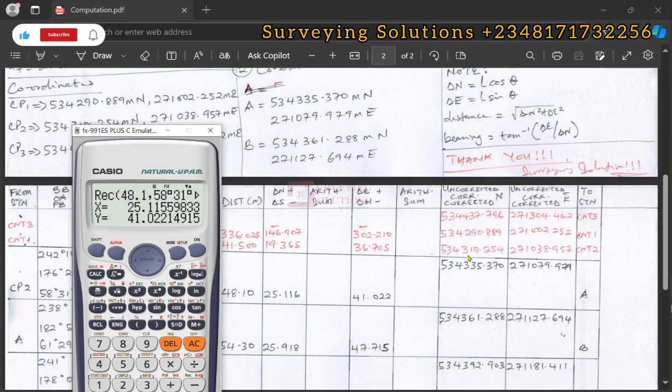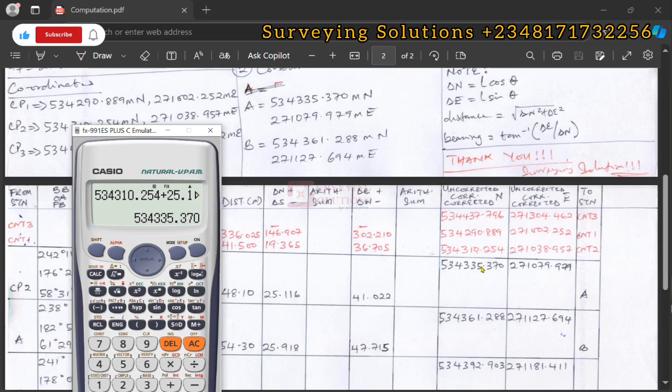If we start from here, say 534,310.254, and then the next delta northing is plus 25.116, it has given you the coordinate of the next point, which is control A.